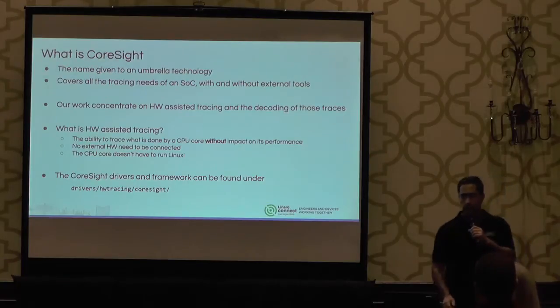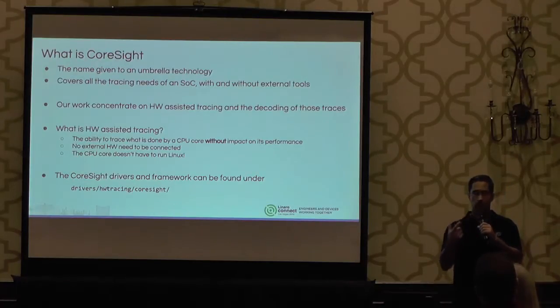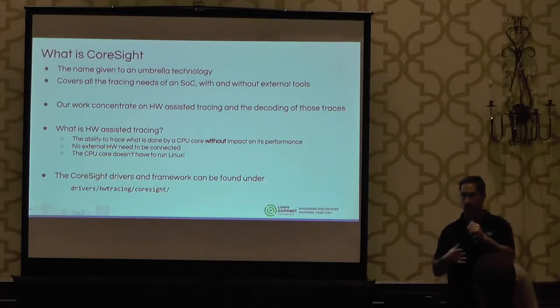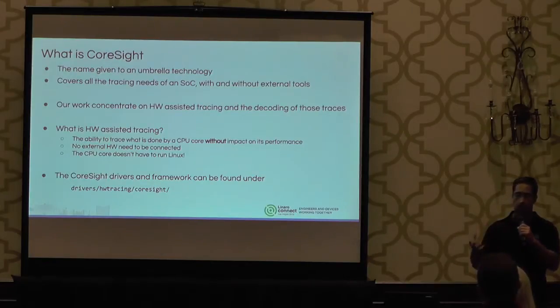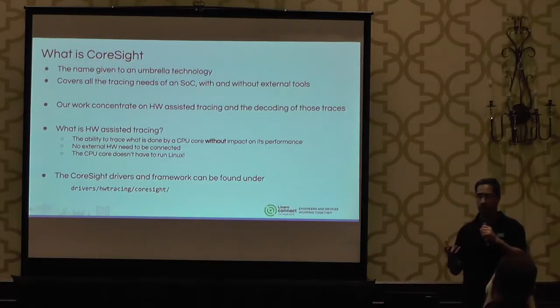So the idea is to trace everything that a CPU is doing without impacting the processing that is happening on that CPU. There's no external hardware that is required to get that going, so it basically gives you the power of a JTAG without needing the external hardware dependencies.